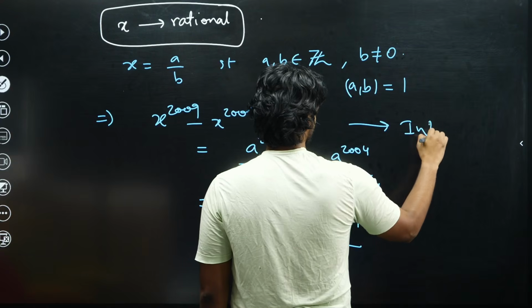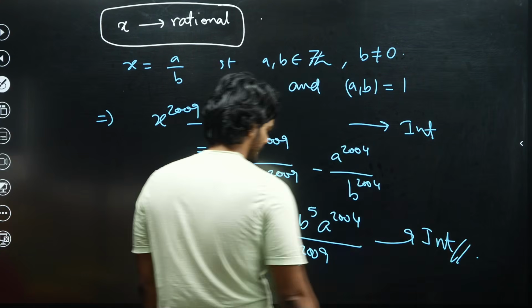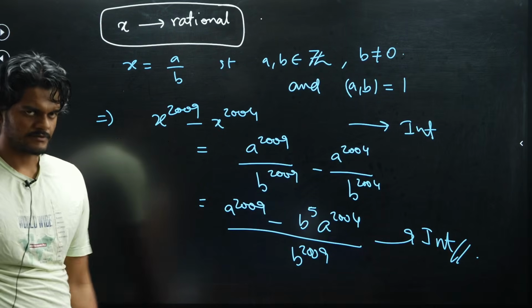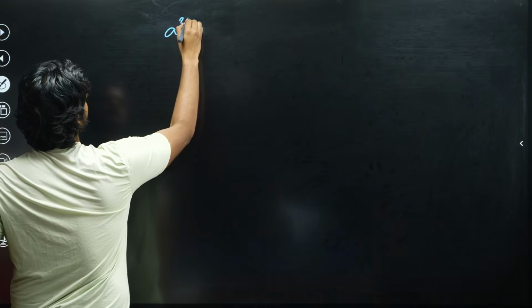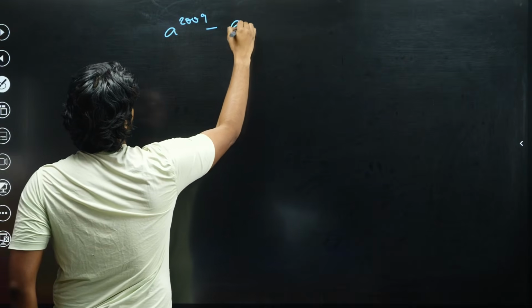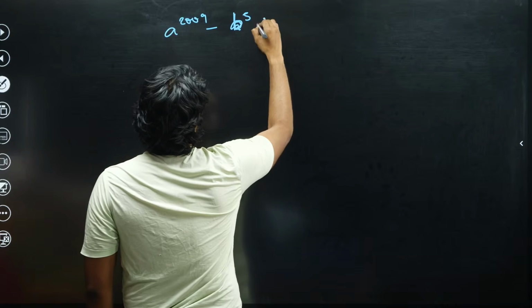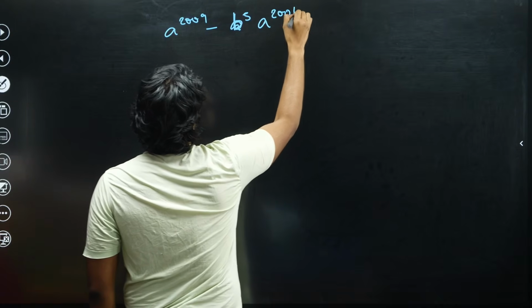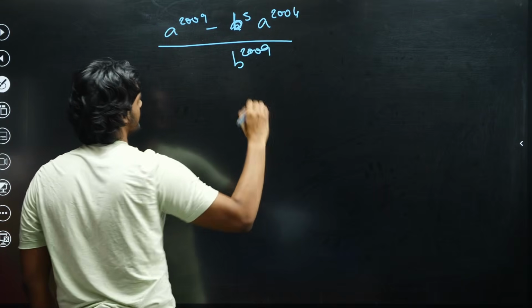This is an integer, this is also an integer. So let me write it on the other side: a power 2009 minus b power 5 a power 2004, divided by b power 2009. This is an integer.